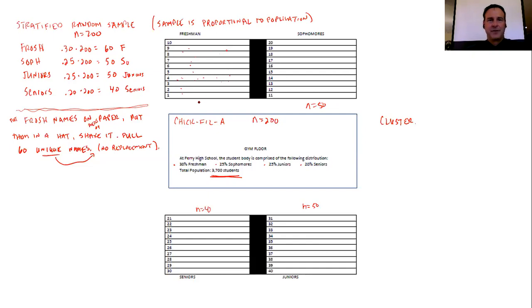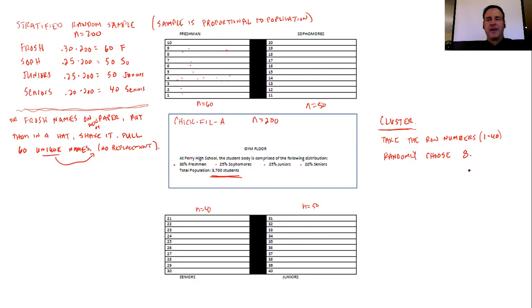Because that's a struggle for your stratified random sample, clusters are made to be a little bit easier. Again, assuming all your rows are filled, here's what we're going to do. I'm going to take the row numbers, 1 through 40, and randomly choose, let's just say, 8.